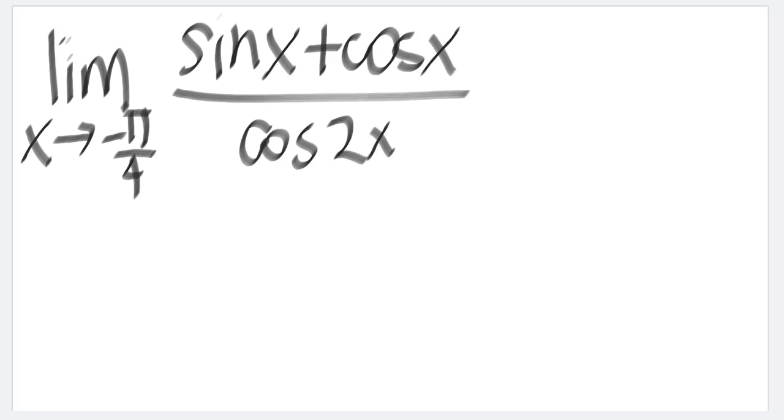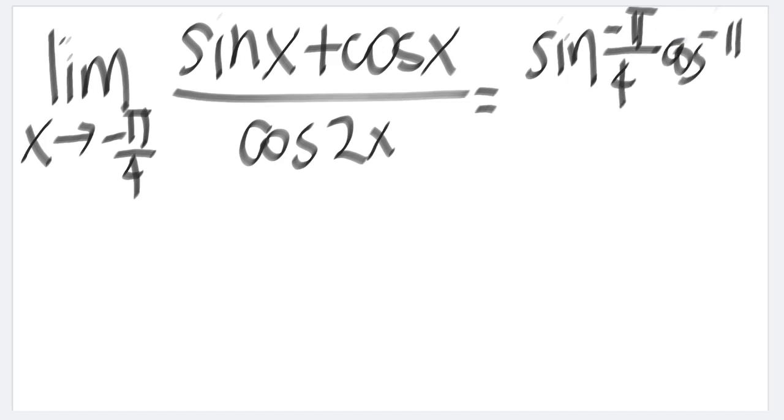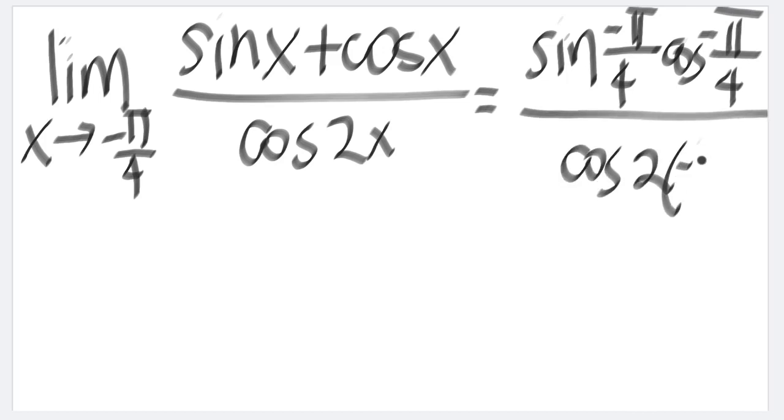By direct substitution, you have sine of negative pi over 4 and cosine negative pi over 4 over cosine 2 times negative pi over 4.